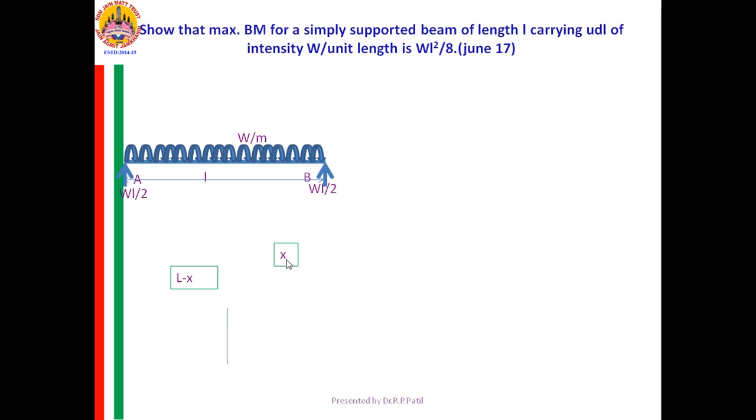This is the problem that appeared in June 2007. Friends, he has asked you to prove the maximum bending moment for a simply supported beam carrying UDL is WL square divided by 8.